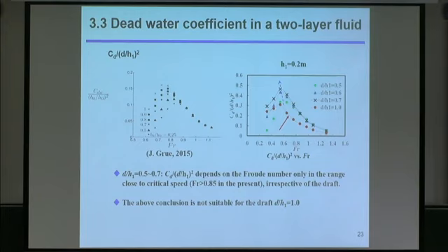But here we can find a very different trend. The Froude number corresponding to the maximum is similar, but the trend is very different. So actually, I don't know how to explain it.